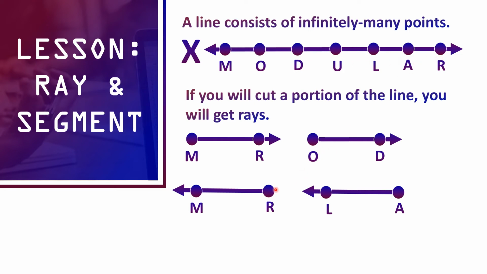Also ray RM is the same as ray RA, RL, ray RU, ray RO. And also ray AL is the same as ray AU, ray AD, ray AO, or ray AM.